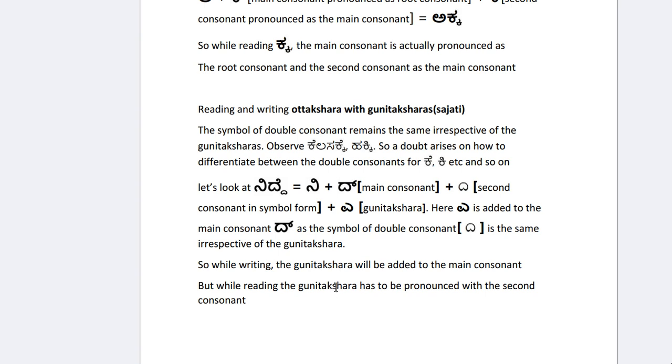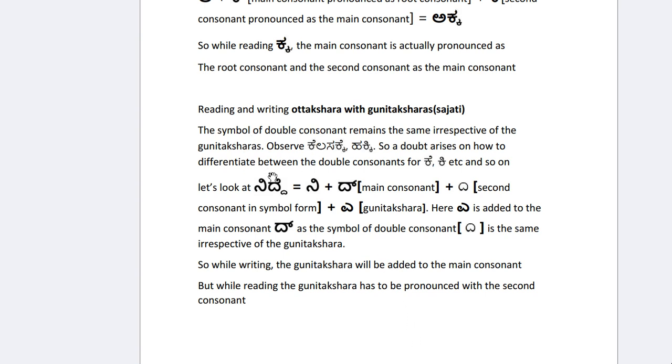So that is what you have to make sure while writing. While writing, always the Gunitakshara symbol will be on the main consonant. But you should not read it that way. You should only write it with the main consonant. While reading, you should read the Gunitakshara with the secondary consonant. So that is the difference between how to read and how to write for alphabets where there is Ottakshara and Gunitakshara.